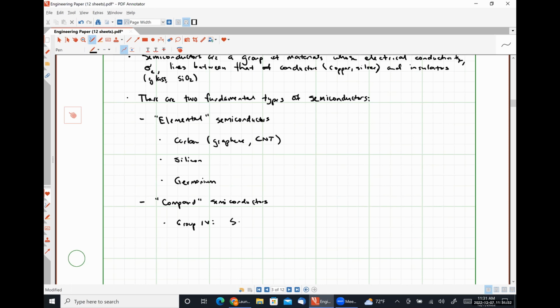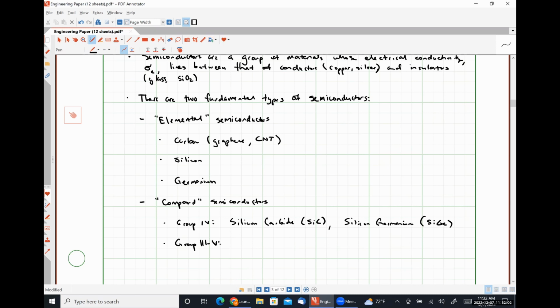So silicon carbide, SiC. So this is a compound semiconductor made out of 2 materials that could be elemental semiconductors, or silicon germanium would also work.